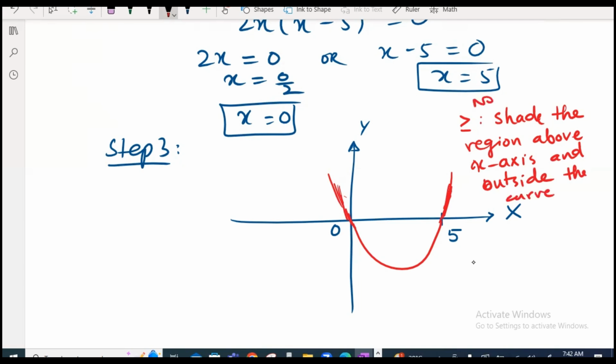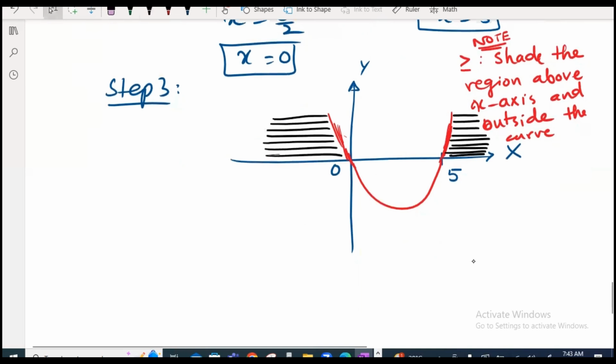So with the help of this note, shade the region above the x-axis and outside the curve. So I'm going to shade this. And this is x is less than 0. And this shaded region is x is greater than 5.